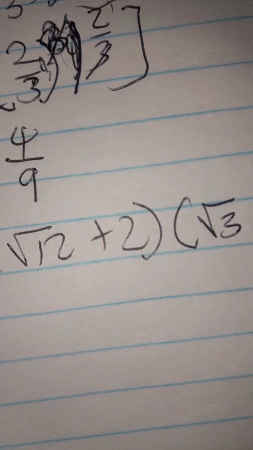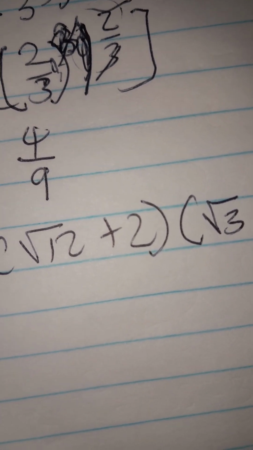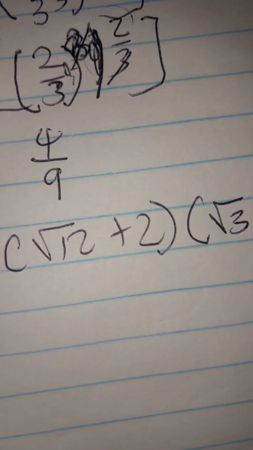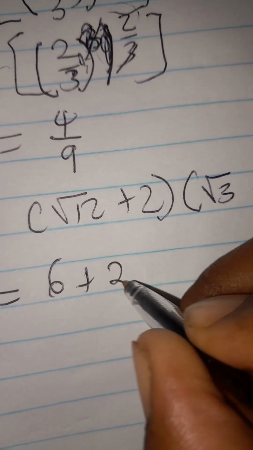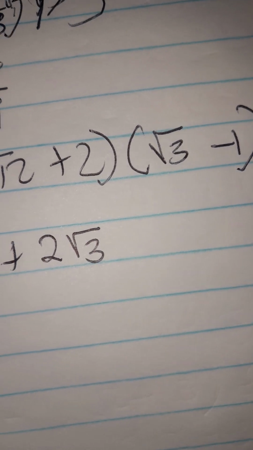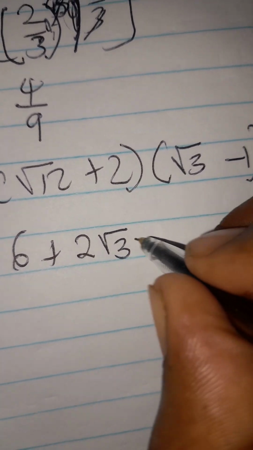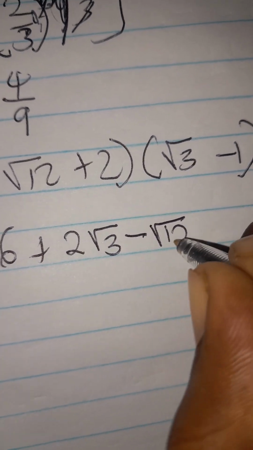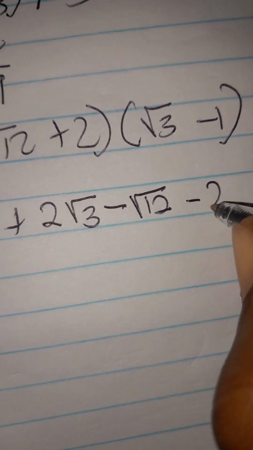So root 12 times root 3 there, you are going to get 6, right? And 2 times root 3 is going to be 2 root 3. And -1 times root 12, it's going to be minus root 12. Then 2 times -1, that's going to be -2.